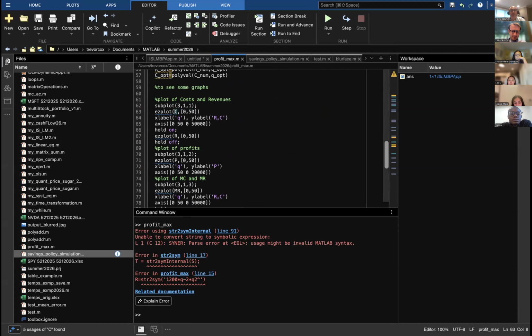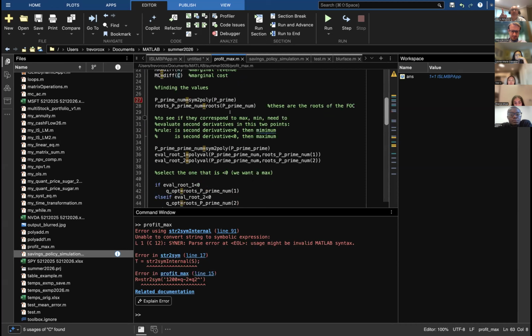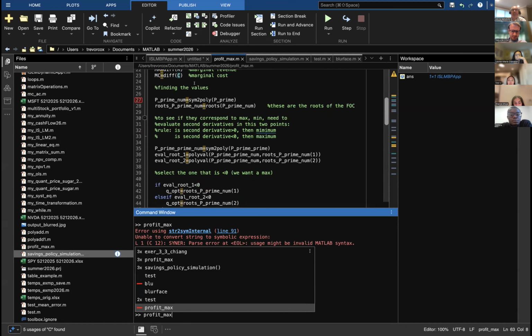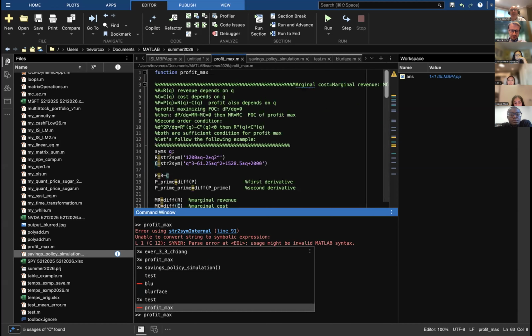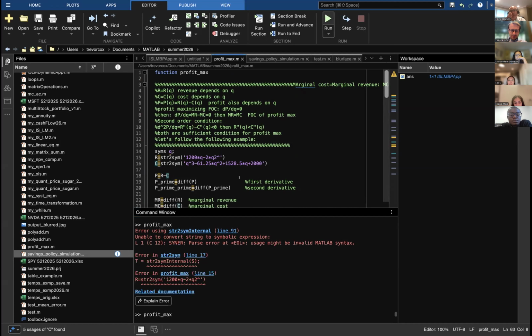I don't know why there's an error now. In your MATLAB, just run, go up, because you don't have a function, right? You don't have input, so just hit run. That's interesting. It really worked.